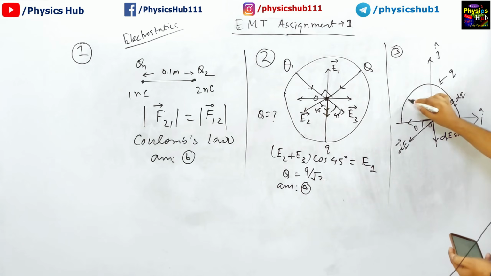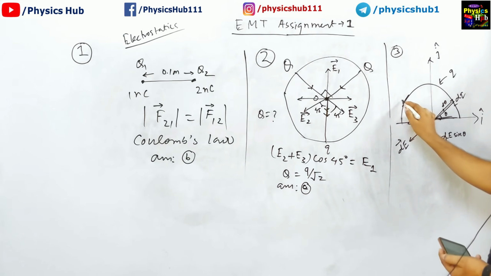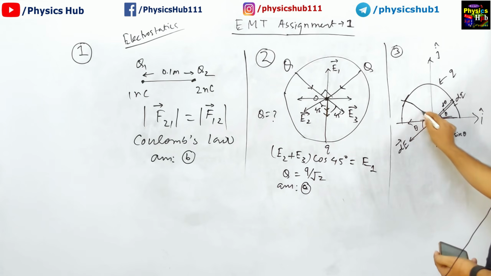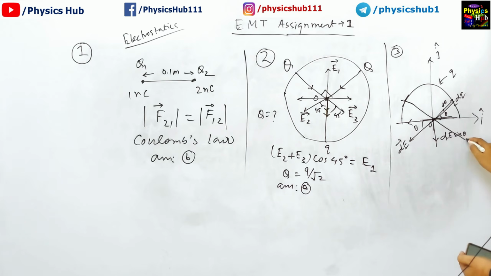Now you consider another element which is symmetrically opposite to this, so somewhere here. If you consider a symmetrically opposite element, this will also give you two components, one along this, another along this. So you can see these horizontal components are cancelling each other, only the vertical components are adding up. So basically dE sin theta is surviving.